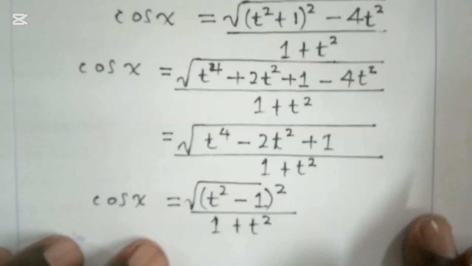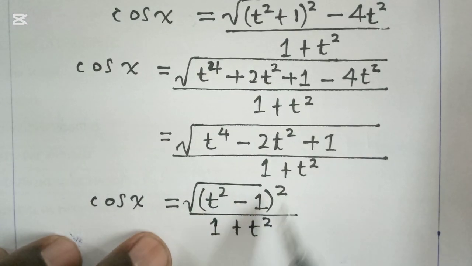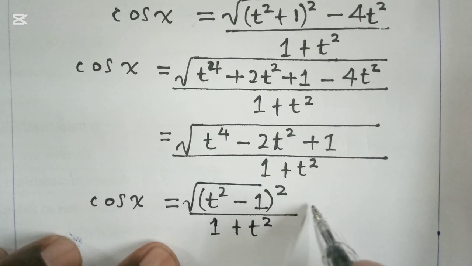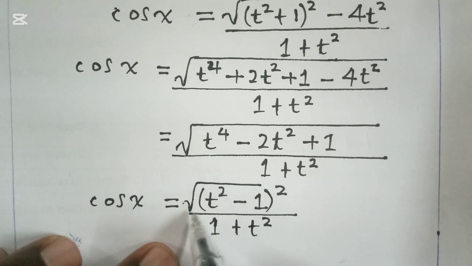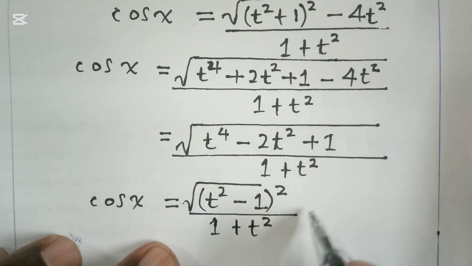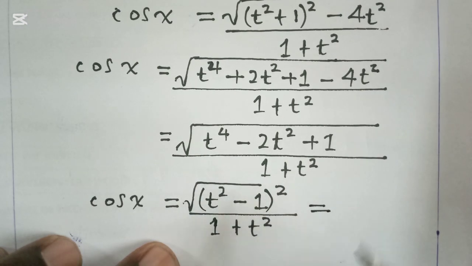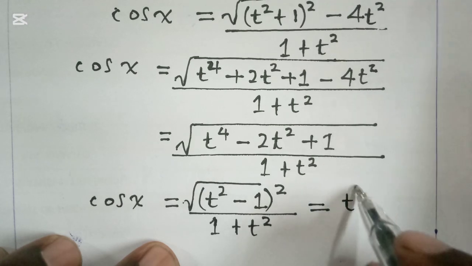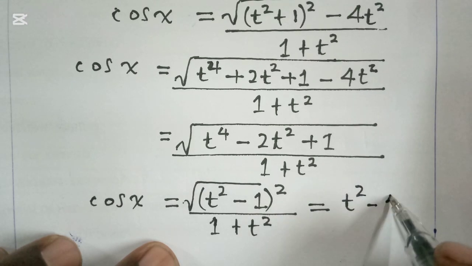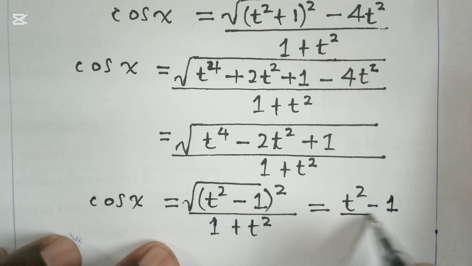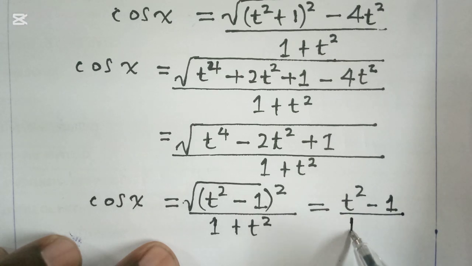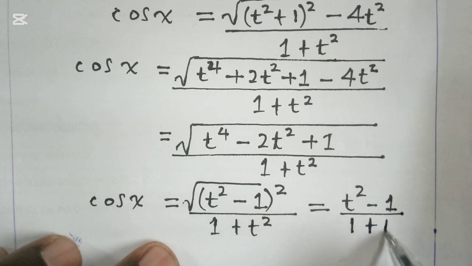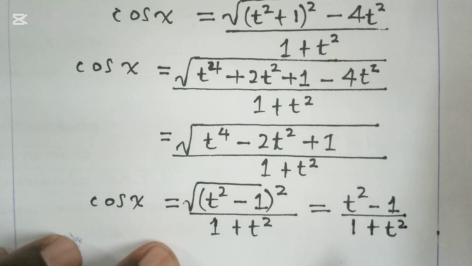And so guys, because of this square and the square root, we are going to remove the square and the square root, and so it's going to be t squared minus 1 all over 1 plus t squared. And so guys, this is our solution.